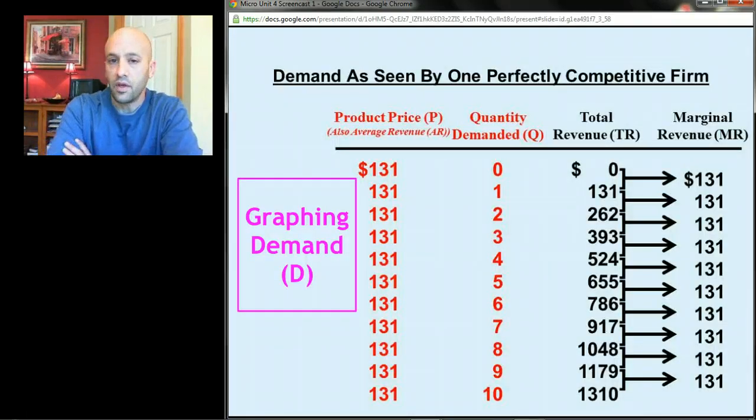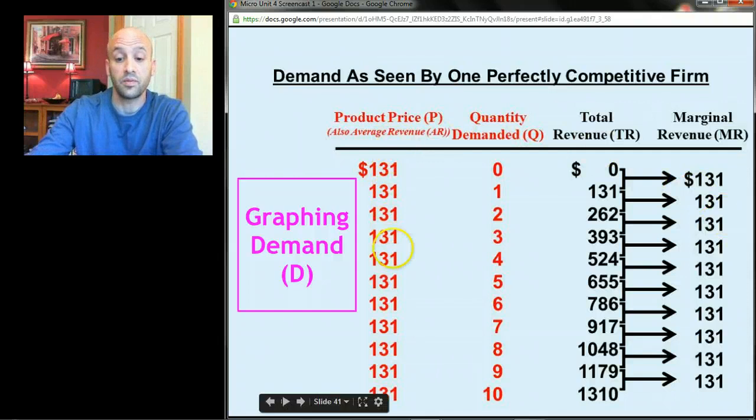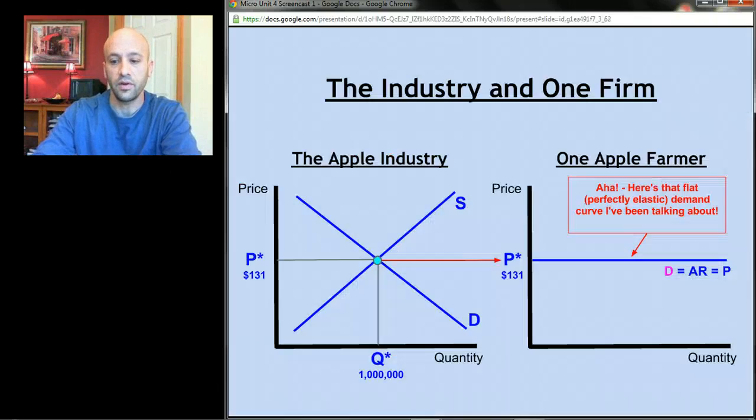Now, most importantly, what if we tried to graph out the demand curve? Remember what a demand curve is: a series of possible prices and a corresponding series of quantities. In fact, when we graph out this demand curve, it turns out to be exactly that same horizontal line. And this is what I was talking about when I said that an individual firm in perfect competition has a perfectly flat or elastic demand curve.